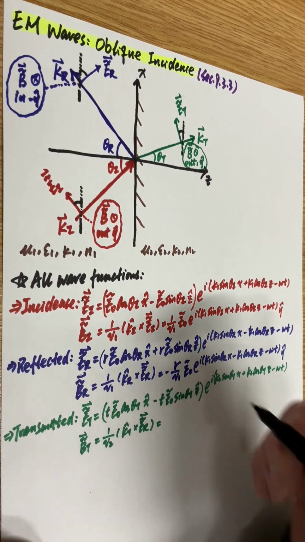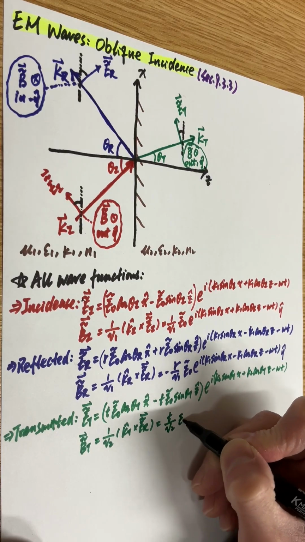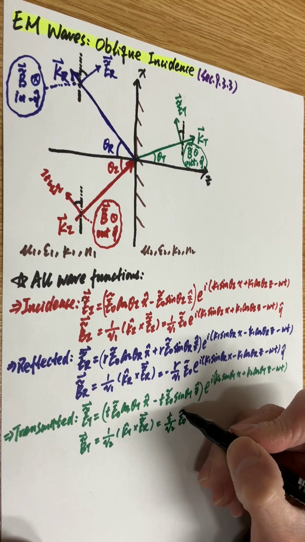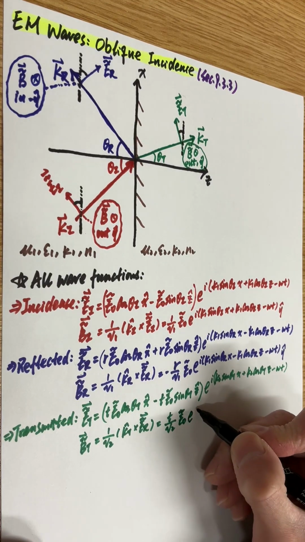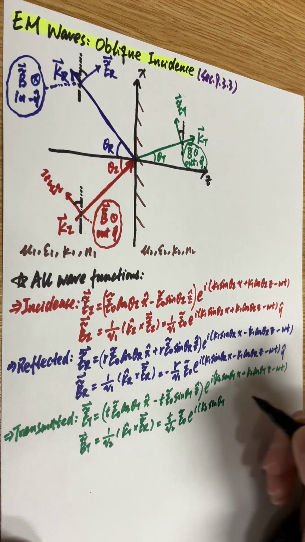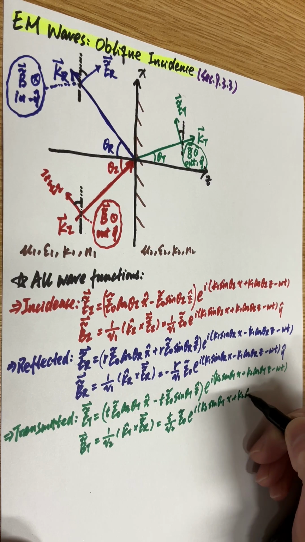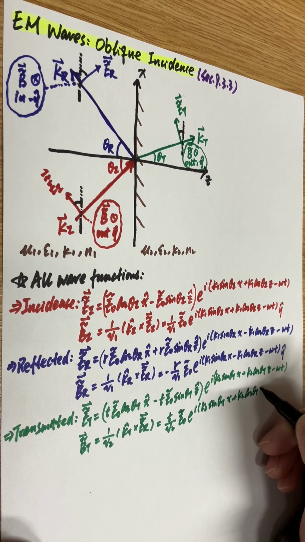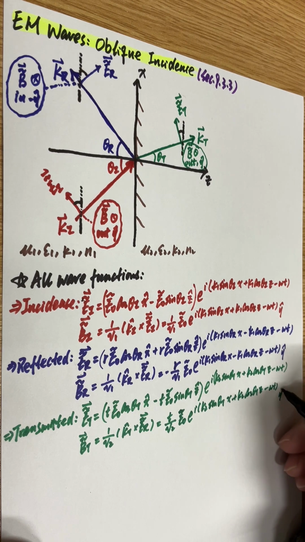This equals T divided by V2 E0. And then the propagation function is the same. e to the i kappa 2 sine theta t x plus k2 cosine theta t z minus omega t. Direction is y.